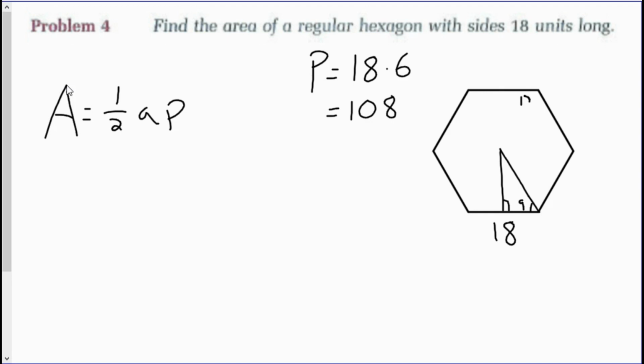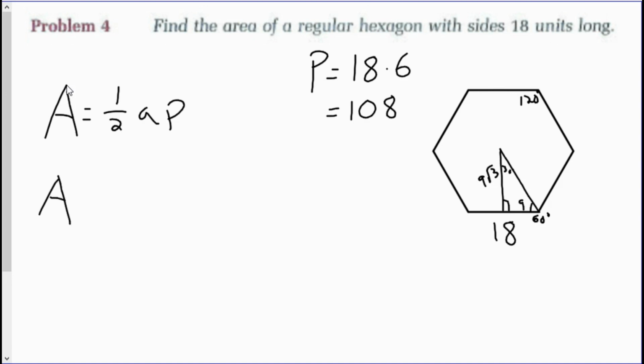So each angle in a regular hexagon is 120 degrees. Now, if I drew in my radius, that will bisect my angle, meaning that this angle here is 60 degrees. So I have a 30, 60, 90 triangle. So my side opposite my 60-degree angle would be x root 3 and would be 9 root 3. So my apothem length would be 9 root 3.